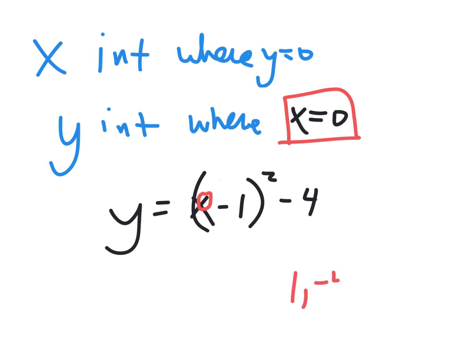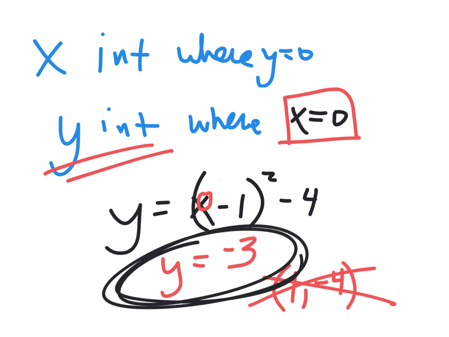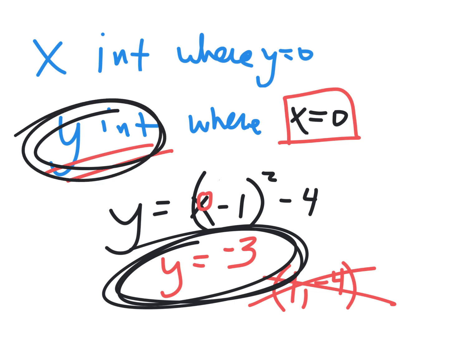The vertex would have been 1, negative 4. We're not asking about the vertex. We're asking about the y-intercept. So I put in x is 0, and I get negative 1 squared, which you should know is 1. And then y equals 1 minus 4. What's 1 minus 4? Come on. Negative 3. Good. What was that? The y-intercept, which is where x equals 0. All right. Kind of intense, but you're getting a lot about parabolas here.